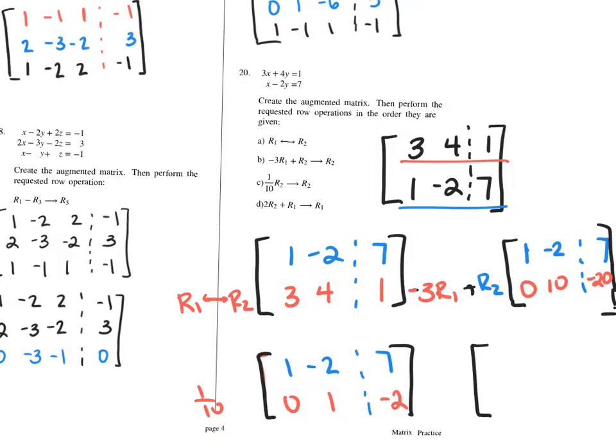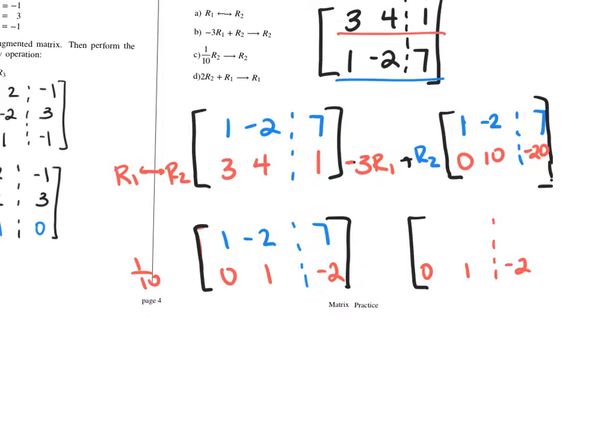So I get 0, 1, -2. And now what I'm going to do is I'm going to multiply 2 times this row and add it to the top row.